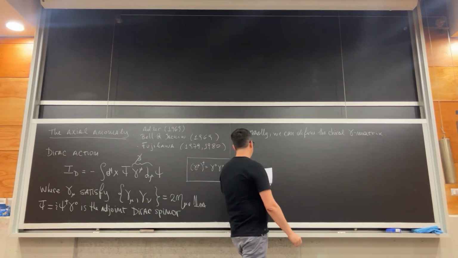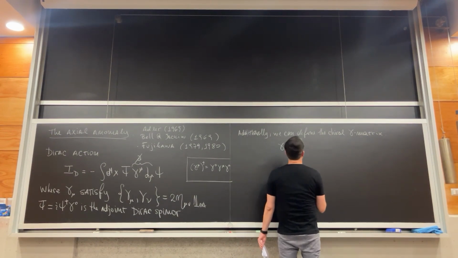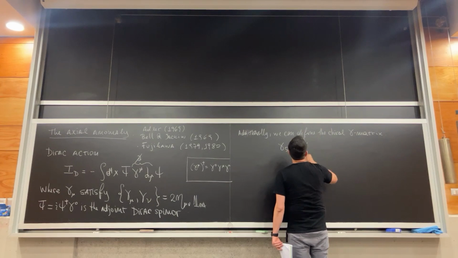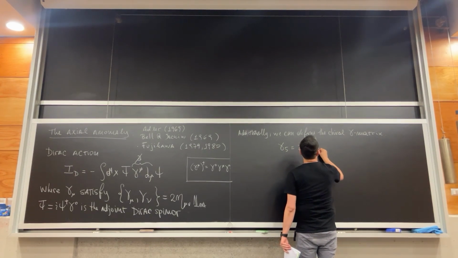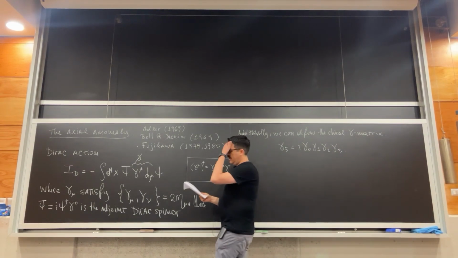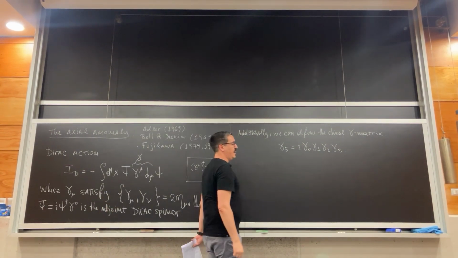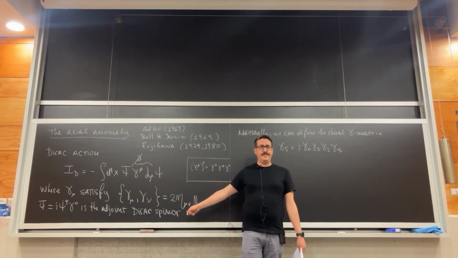And this allows us to define what will be called the chiral gamma matrix, gamma 5, and this will be gamma 0, gamma 1, gamma 2, and gamma 3. An important property of this gamma 5 is that it anti-commutes with all the other gammas.